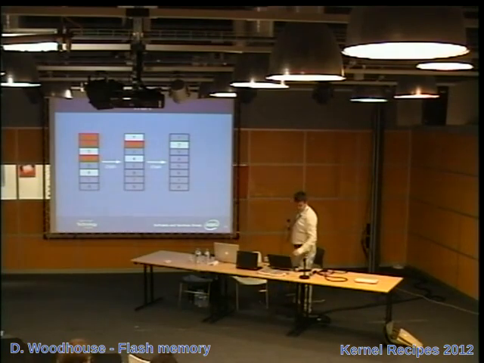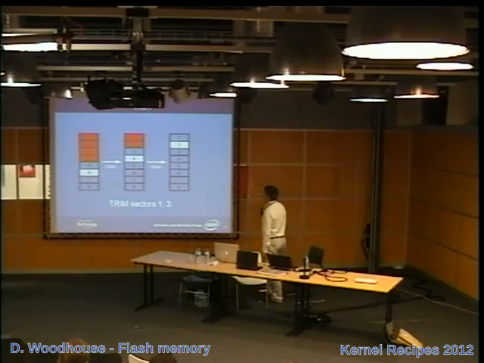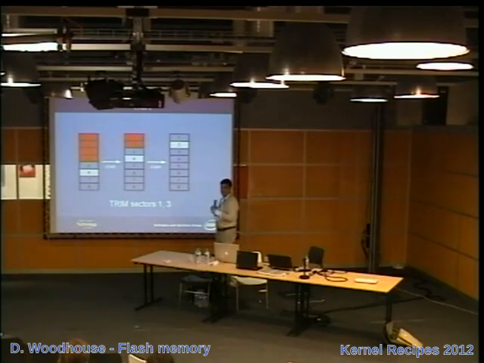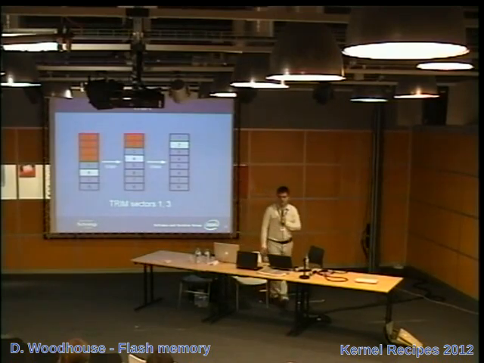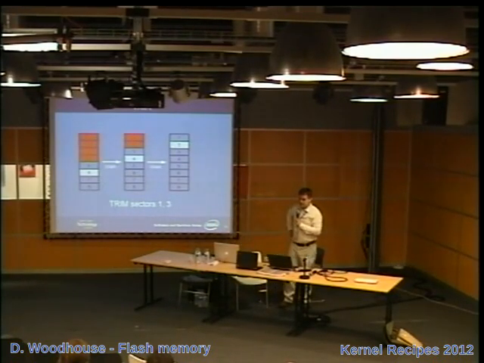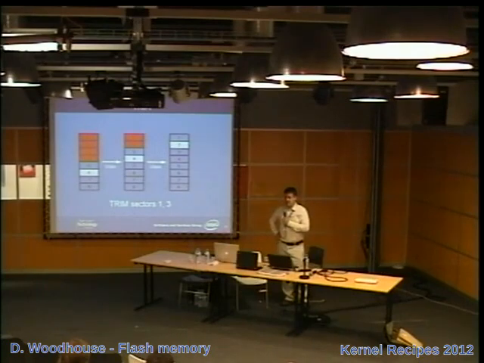If we're told to trim sectors 1 and 3 there, we don't care about their contents anymore, but we haven't folded that array, that chain. We haven't physically deleted the data. And trim is defined in the spec as being optional. It is not a secure erase. It is explicitly not a secure erase.